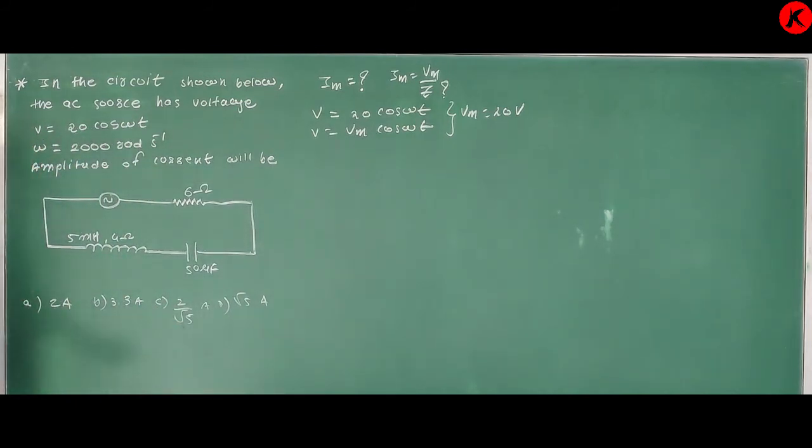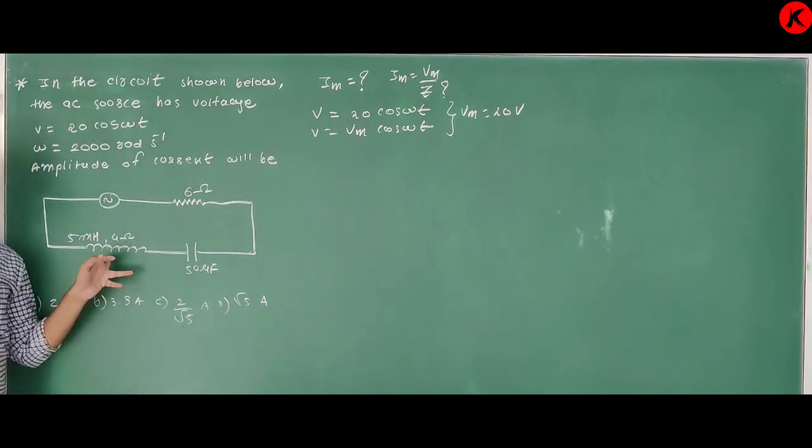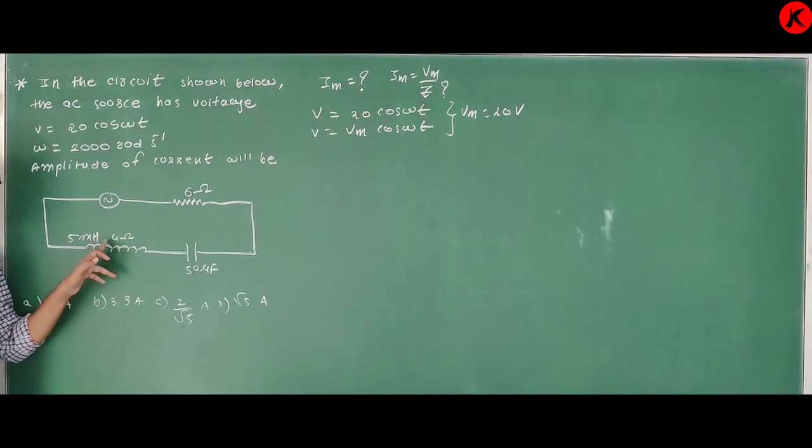See, the figure has a resistor, capacitor, and inductor, but this inductor is not a pure inductor. A pure inductor has only inductance, but this one has resistance also. So how to identify the data?